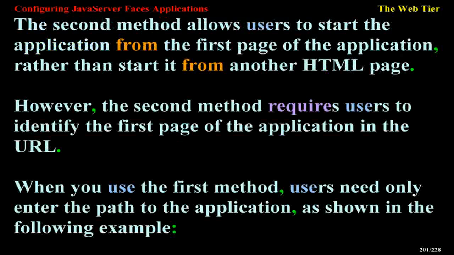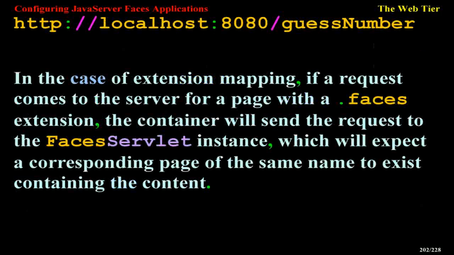The second method allows users to start the application from the first page of the application rather than starting from another HTML page. However, the second method requires users to identify the first page of the application in the URL. When you use the first method, users need only enter the path to the application, as shown in the following example: http://localhost:8080/guessnumber.